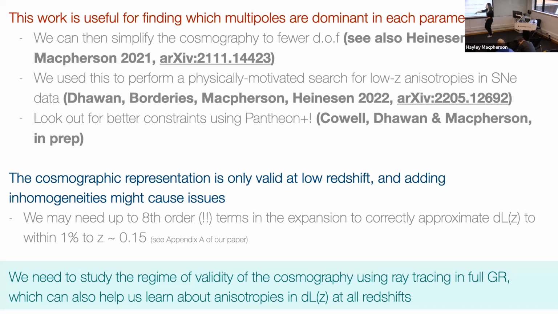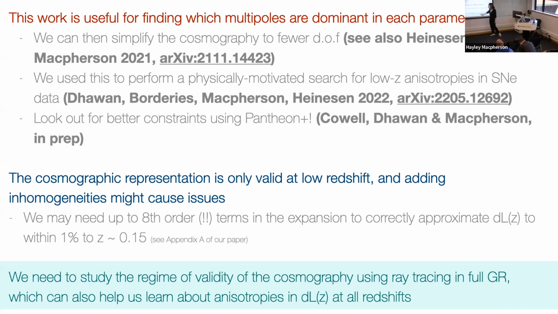In Appendix A of our paper, Asta gave a really rough order of magnitude estimate that in order to approximate the true luminosity distance to within 1% out to a redshift of 0.15, so not very high redshift, we may need to include up to 8th order terms in this series expansion. So the 3rd order truncation is probably not enough when we're considering inhomogeneity. This is a very rough order of magnitude estimate, in order to gain a better understanding of the regime of validity of this cosmographic representation.